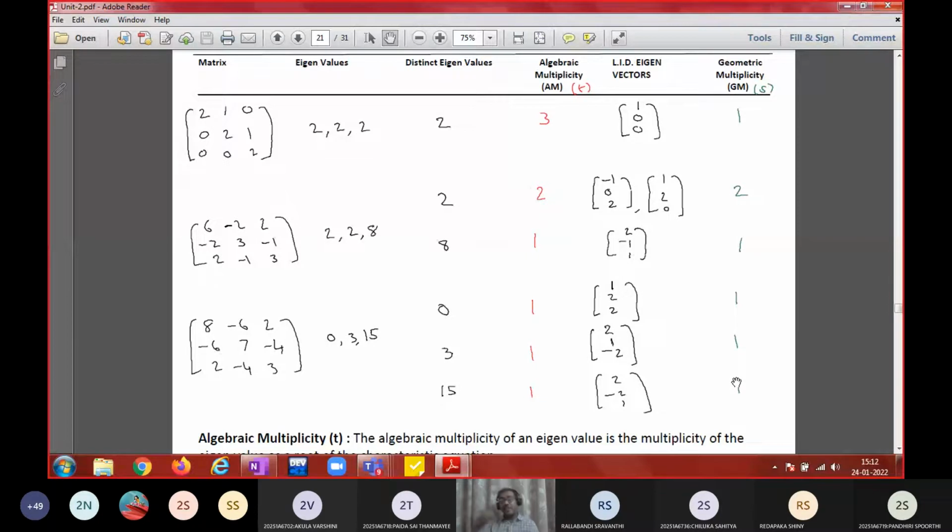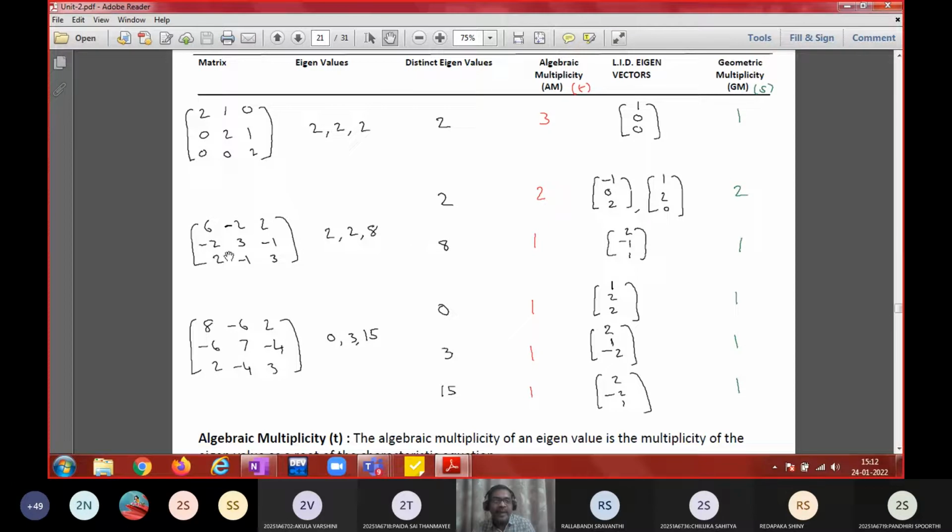That means the matrix is going to be diagonalizable only if it is having n linearly independent eigenvectors. If it is having less than n independent eigenvectors, it cannot be diagonalized. One of the sufficient conditions is that if all the eigenvalues are distinct, definitely it is going to be diagonalizable. If some of the eigenvalues are the same, it may or may not be diagonalizable. Unless you find the eigenvectors, you cannot come to a conclusion.